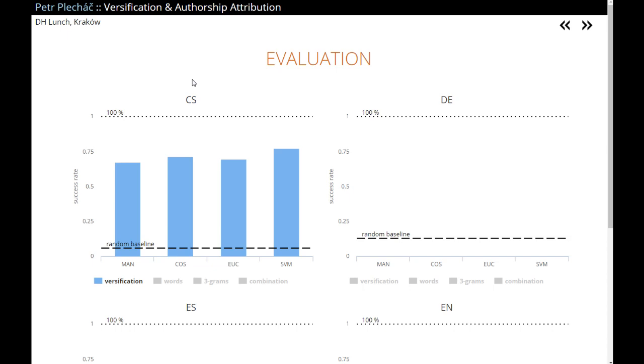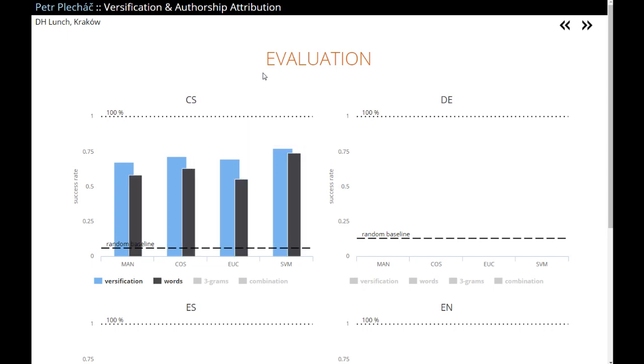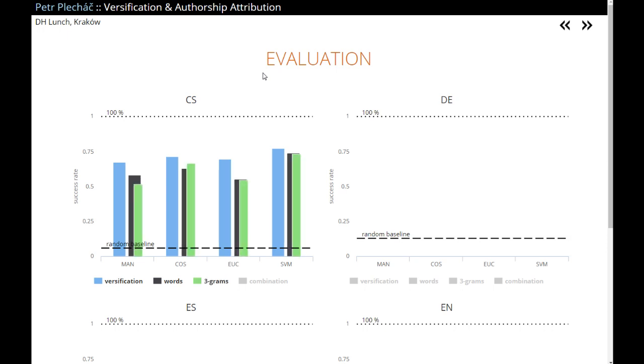These are the results for versification alone in the Czech corpus, and it's not really bad. The best performance is with the support vector machine, which is some 77% of accuracy. When we compare it to words, we surprisingly get even slightly better performance with versification than with words in these samples.